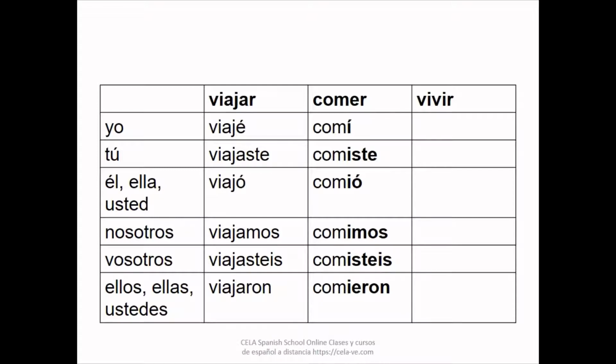The endings are í, iste, ió, imos, isteis, ieron. Remember that we obtain the root of a verb by removing the ending, in this case, er. To the root, we add the corresponding ending to each person.